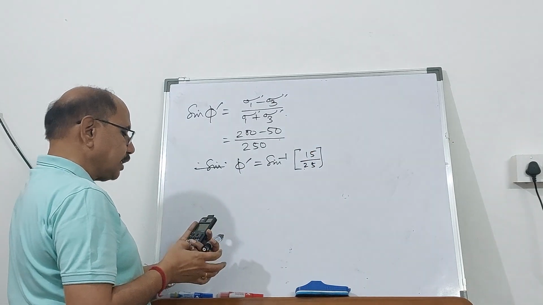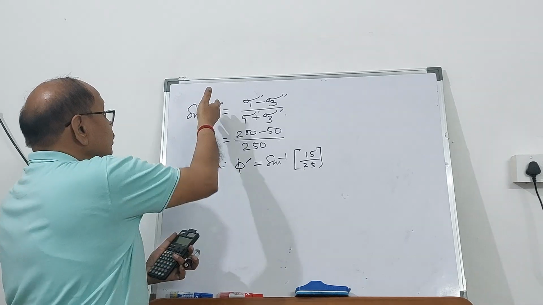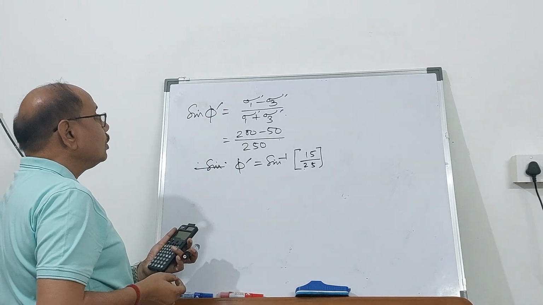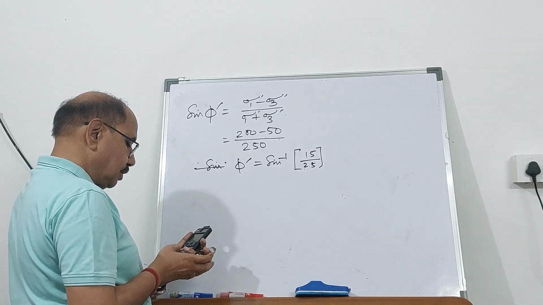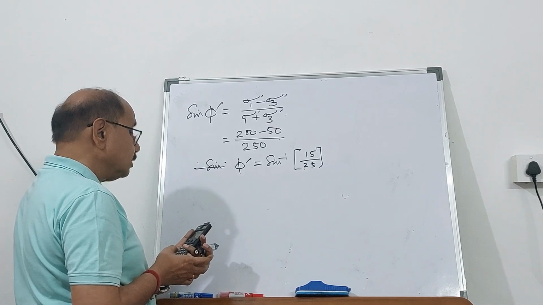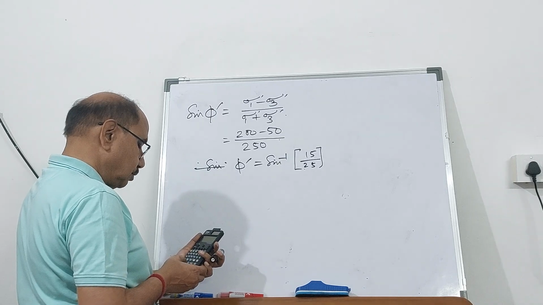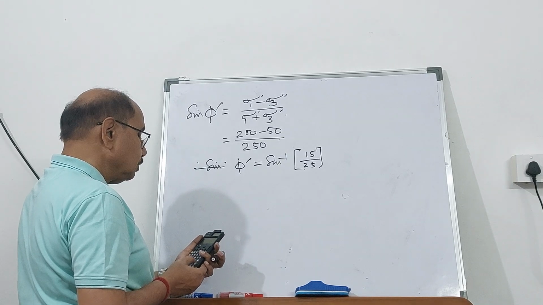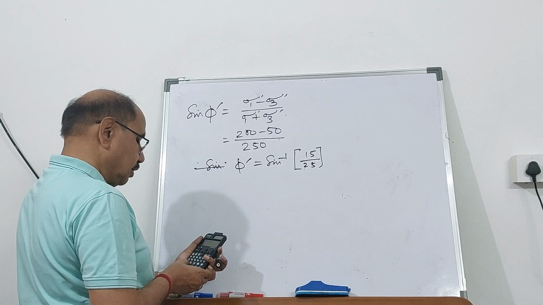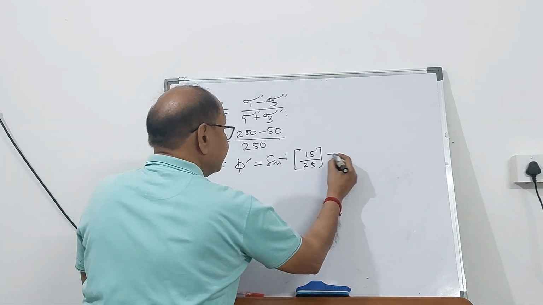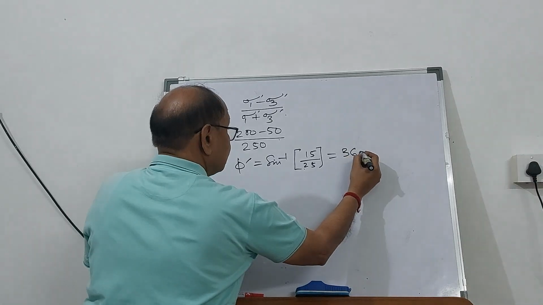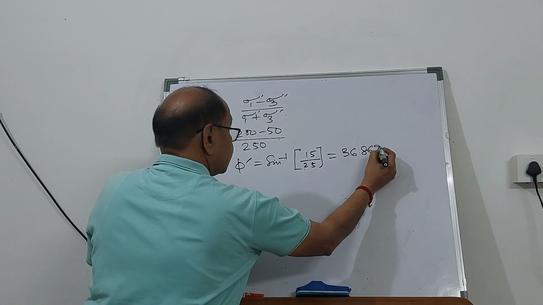So let us calculate this way also using this formula. If I use this, shift sine inverse 15 divided by 25, directly you will be getting 36.869 degrees.